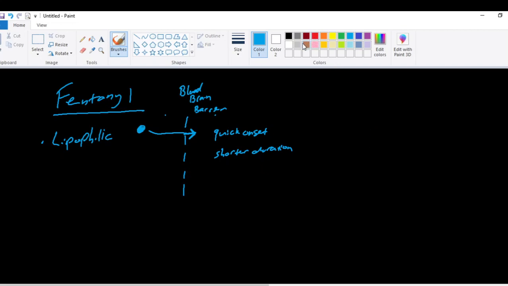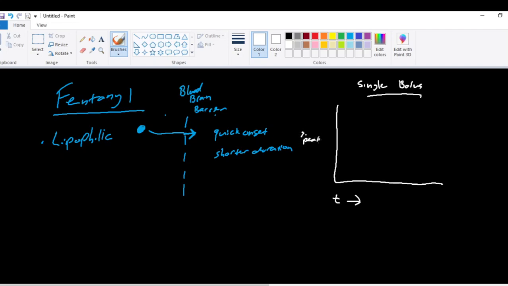And if we draw this graph here that represents fentanyl's pharmacokinetics, we can see that if we give a single bolus of fentanyl, and we have time on the x-axis, the y-axis is going to represent the percent of the peak effect site concentration.